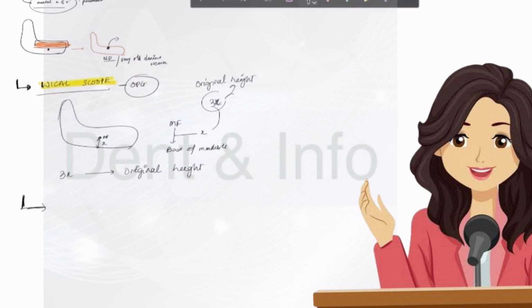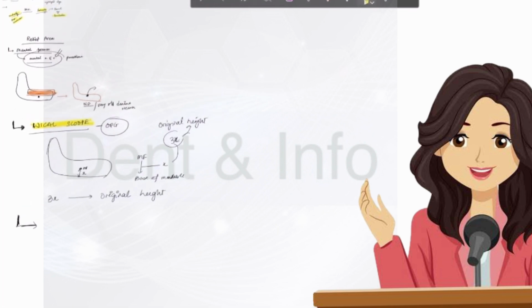It ticks all of the boxes that could be asked in our exam. So this is an important point. You can actually remember this, and this is very easy. 3x the distance from mental foramen to the base of the mandible would be your original height of your mandible.